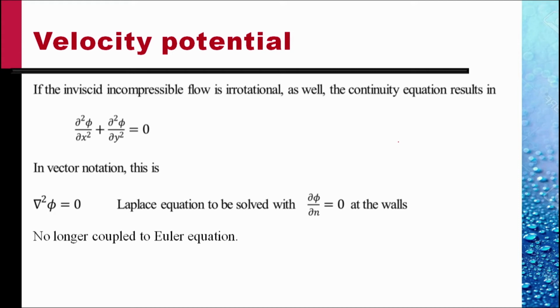In vector notation, this becomes del square phi, the Laplacian of phi is equal to 0. This is the well-known Laplace equation to be solved with del phi by del n is equal to 0 at the walls. Notice that this equation, though difficult to solve, is no longer coupled to the Euler equation.